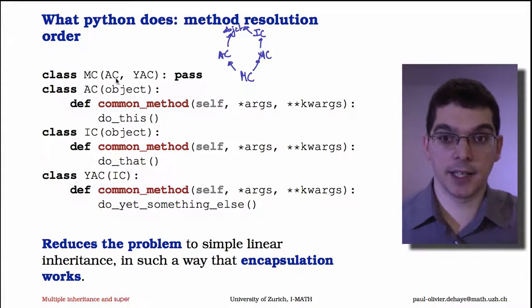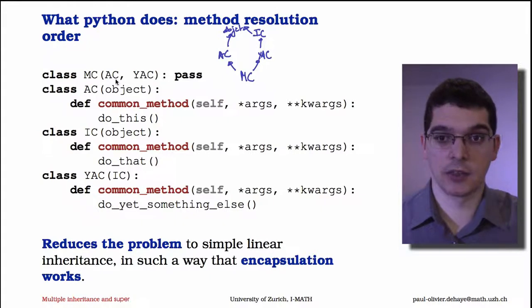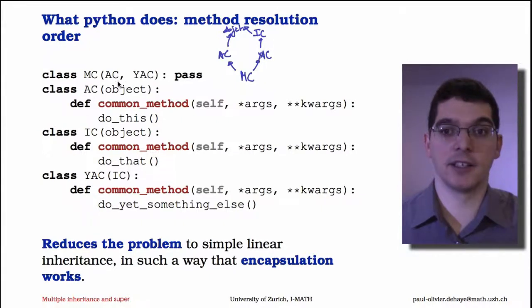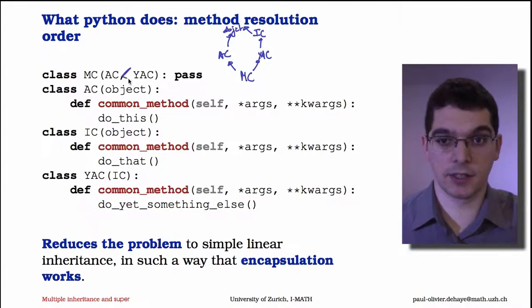Okay, so essentially what Python will do is that it will take these base classes here, so AC and YAC, it will take that as votes or as decisions that are taken in the ordering. So AC here is specified before YAC. So this means that AC should come before YAC in my order. And because MC inherits from AC and YAC, it takes this really as a decision that this ordering should be true.